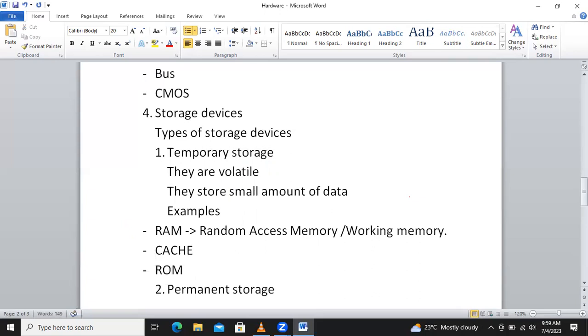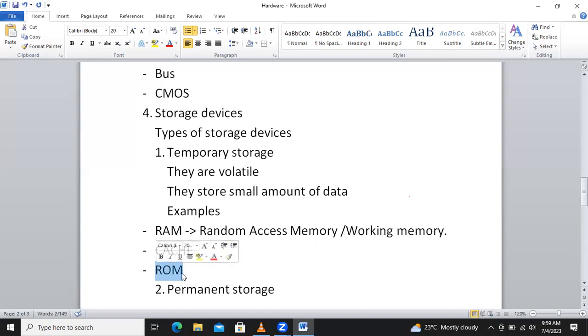Then we also have ROM. This one does not lose data, but it stores very small amounts of data. The ROM normally comes with inbuilt startup instructions, like how the computer should start. Those instructions are stored in that chip called the ROM. It also stores passwords and the date settings.